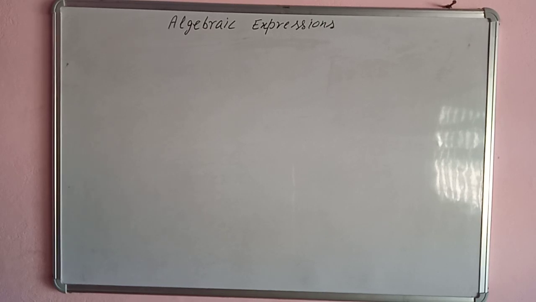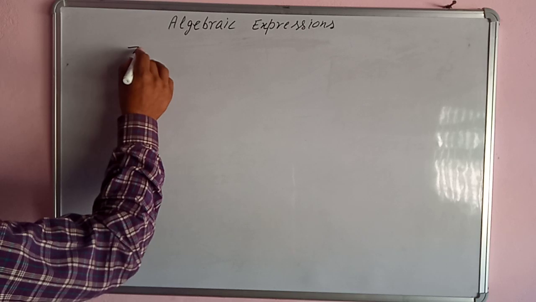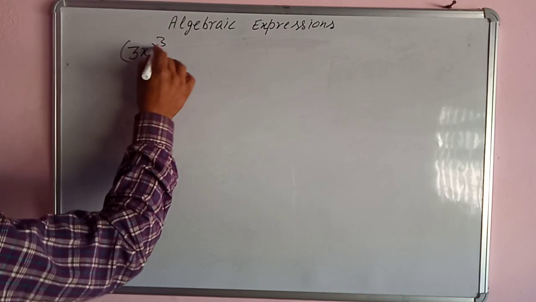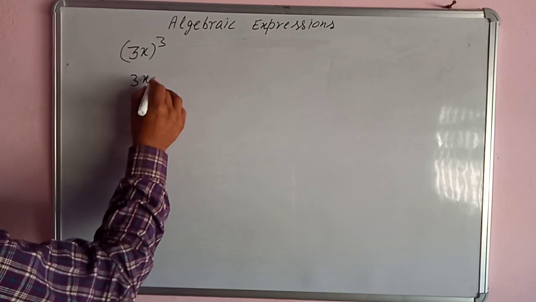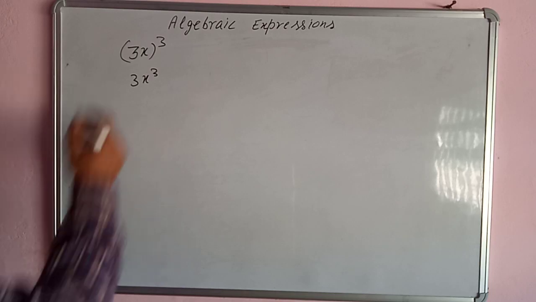Now suppose it is written like this: (3x) whole cube and 3x cube. The question arises, are they the same? What is the meaning of (3x) cube?